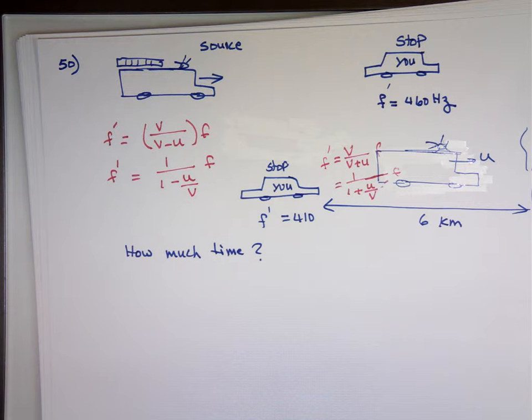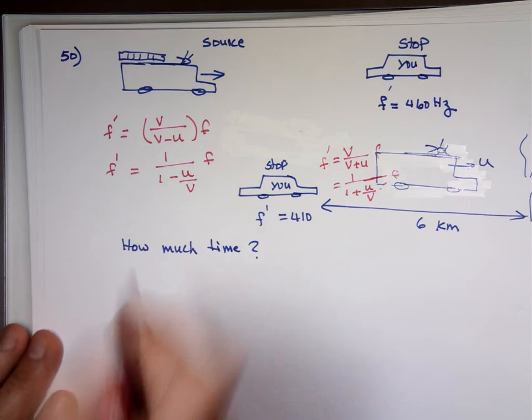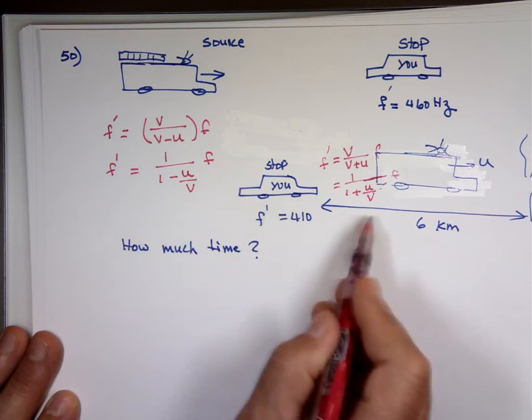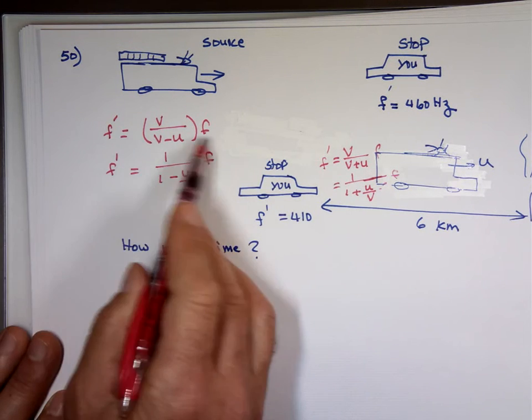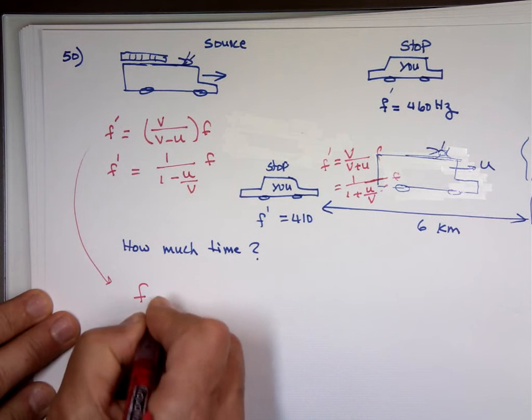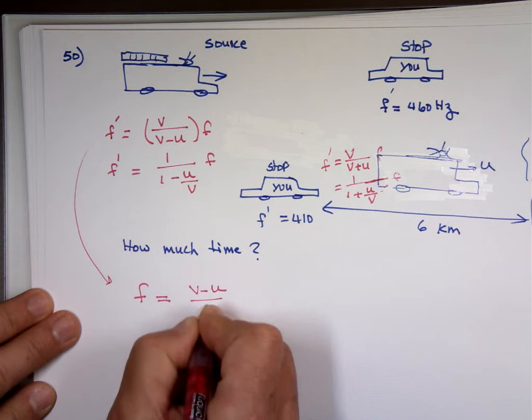If I actually take these equations and solve them for F, for this one I will have F equals V minus U over V times F bar.